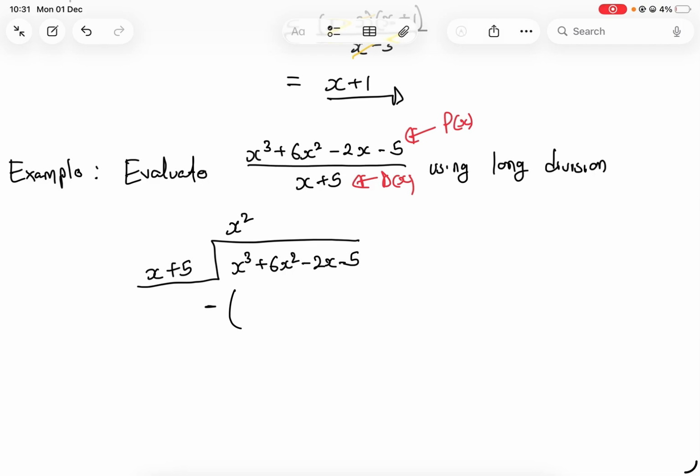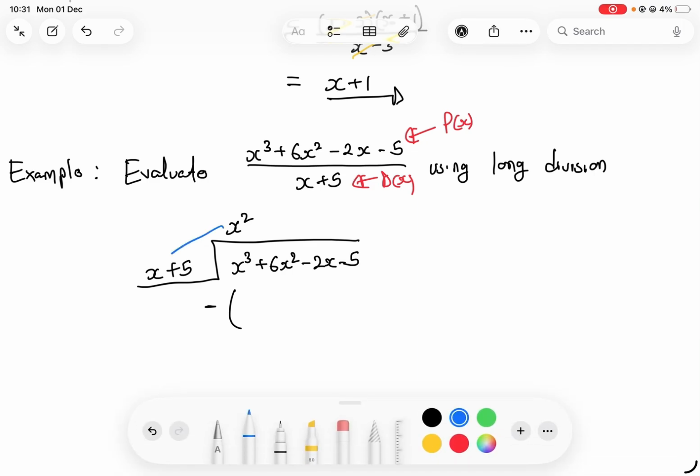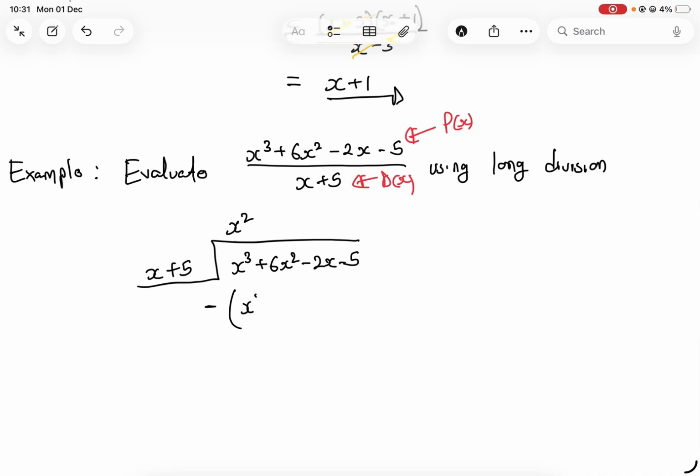Then I said you open a minus here, then open brackets. So now it's x squared times x squared times 5, which means now I'd have x cubed plus 5x squared. Then this equation minus this one, I'll have to get x cubed minus x cubed, it's 0. 6x squared minus 5x squared, I'm supposed to get x squared.